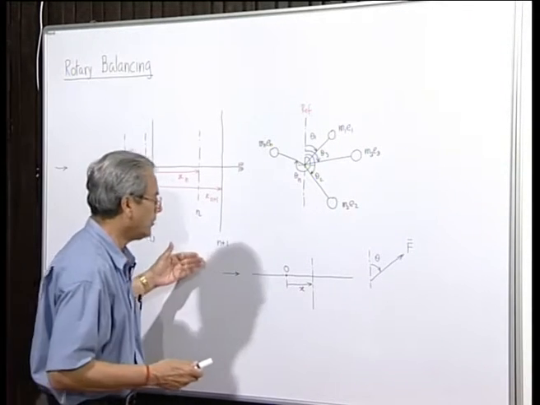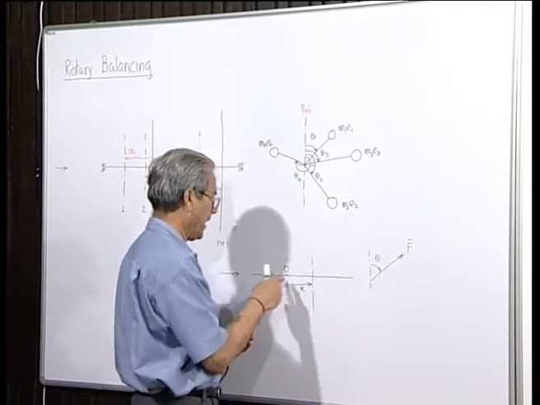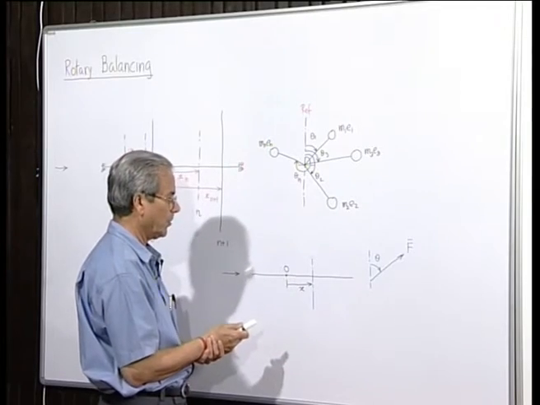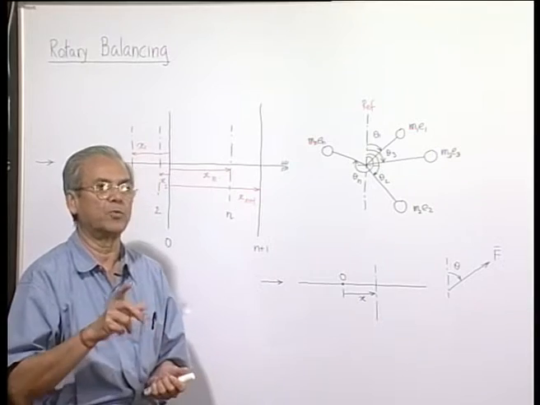That means, how the moment vector, that means the moment due to this force F at point O, how it is going to look. Now, you know that we generally follow the right hand screw rule.